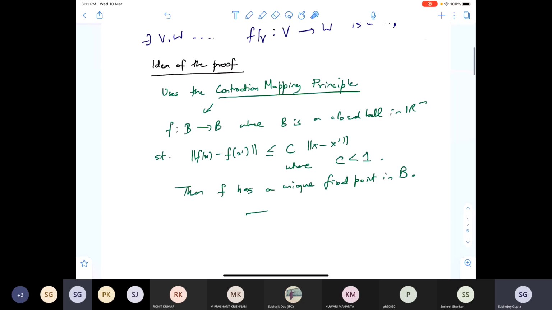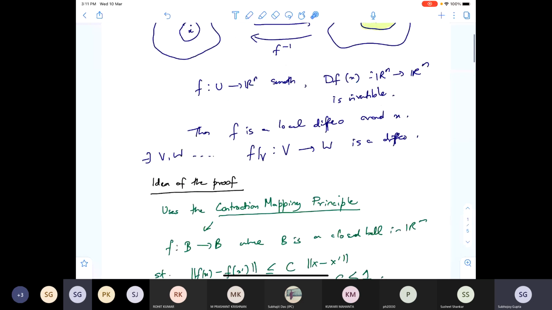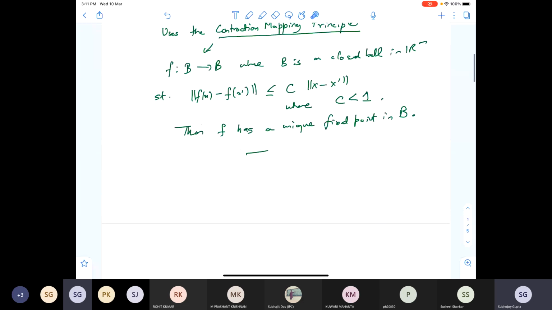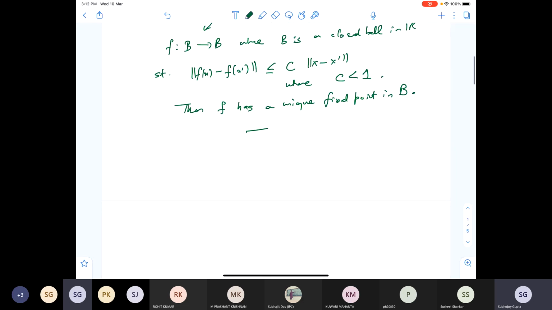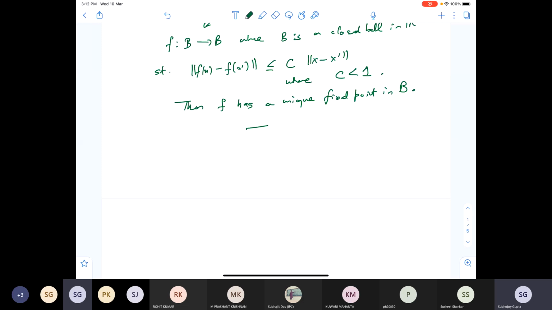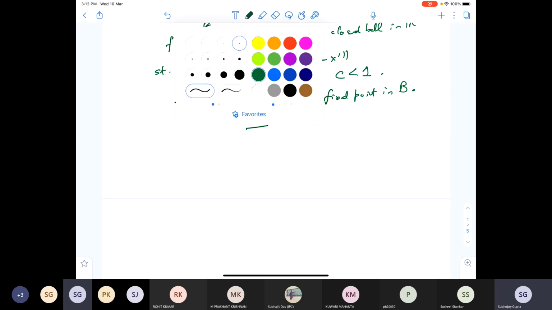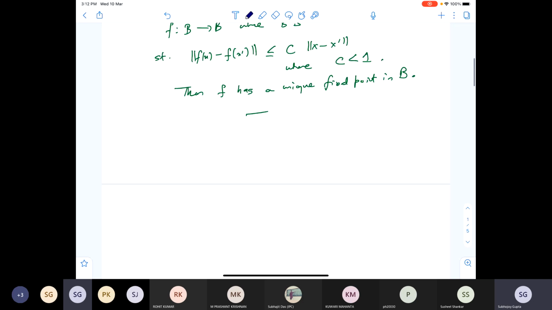So how does that go? So how do you construct the inverse once you know that just the derivative is invertible? Well, here's the idea of the proof. So I'm going to also make some other assumptions. We can assume, without loss of generality, that the point x that we chose is at the origin.